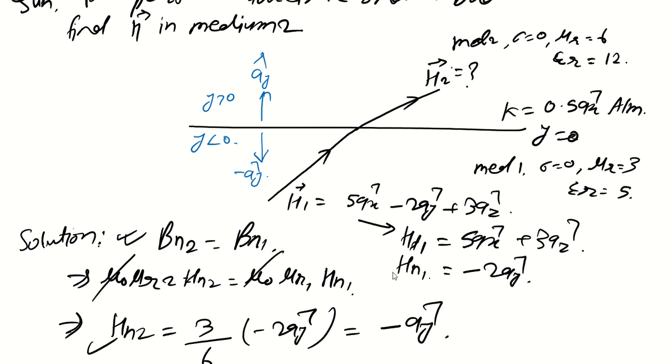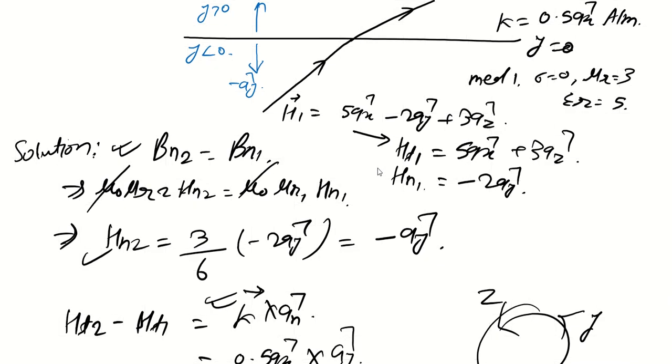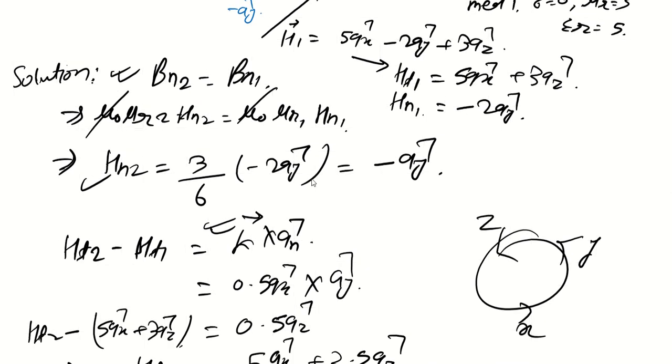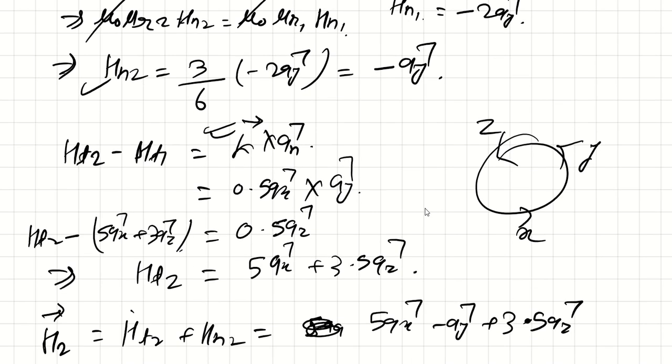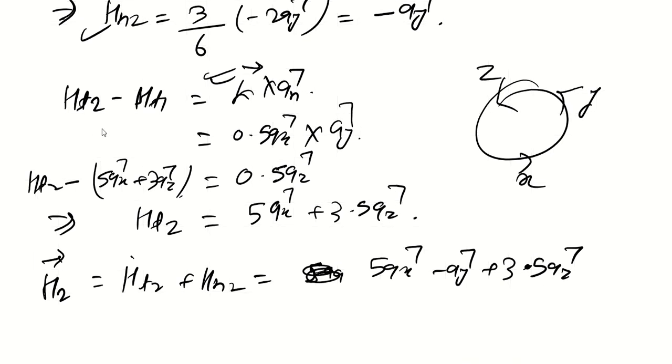In this relation, we found Ht1 and Hn1 separately from the surface, and then used the boundary conditions. We know the normal component of magnetic flux density is equal, so from this relation Hn2 we found as minus Ay cap. Similarly, the tangential component of magnetic field intensity is discontinuous, equal to K cross the normal vector on the surface, An cap.